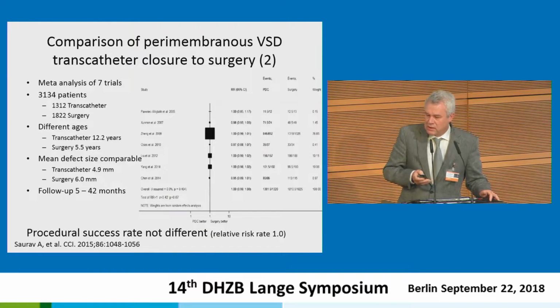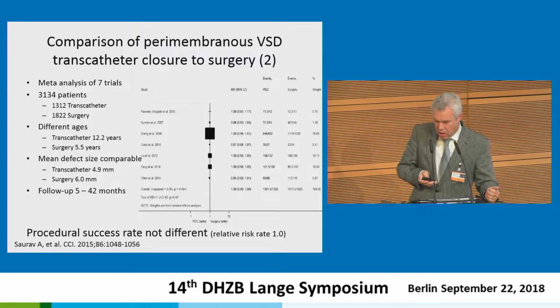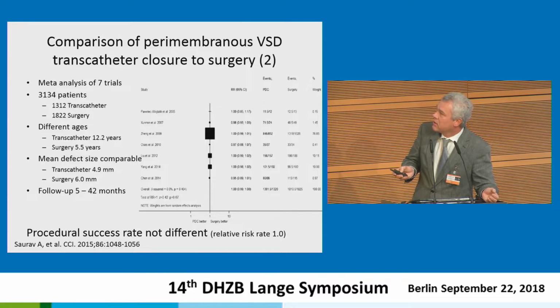However, there are other studies comparing, but those patients are not randomized, and the criteria for how they were treated are different. We already saw this. Stefan showed us a meta-analysis of 7 trials with 3,000 patients, 1,300 transcatheter, 1,800 surgery, different ages.